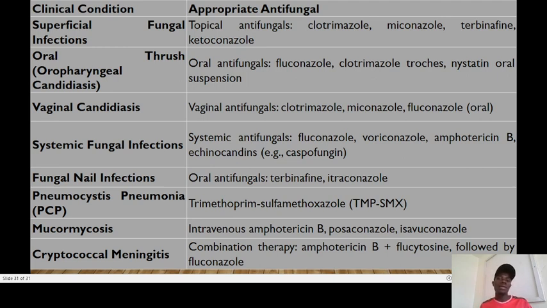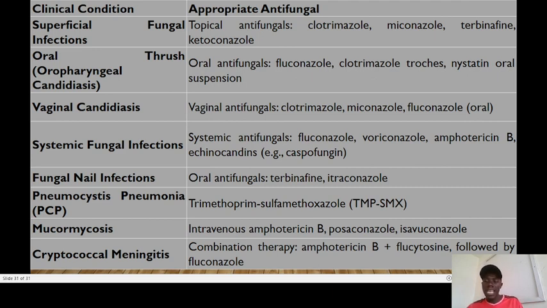We could have fluconazole, clotrimazole troches, or nystatin oral suspension. For vaginal candidiasis, we could use clotrimazole, miconazole, or oral fluconazole. For a systemic fungal infection, we could have fluconazole, voriconazole, amphotericin B, or echinocandins, especially caspofungin.